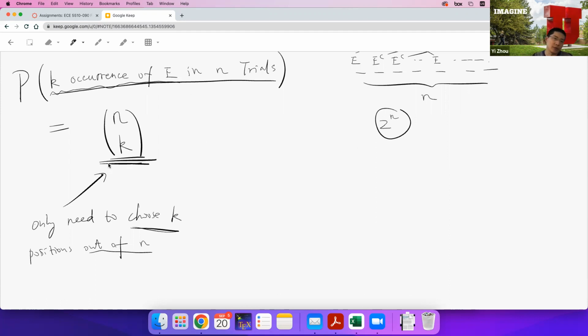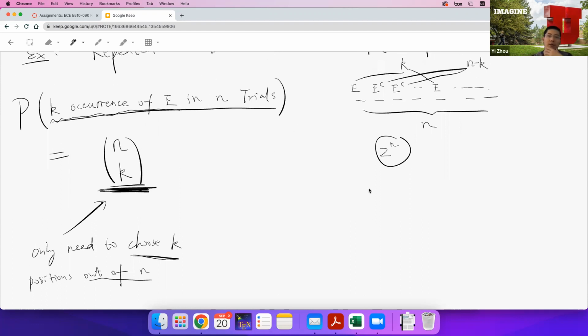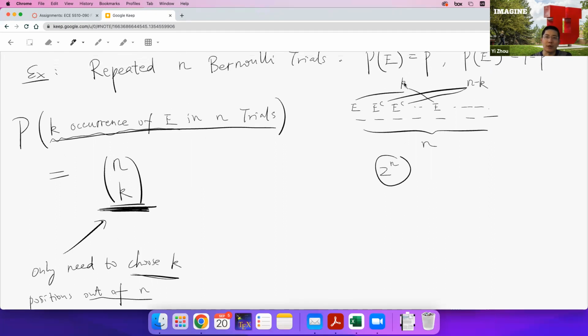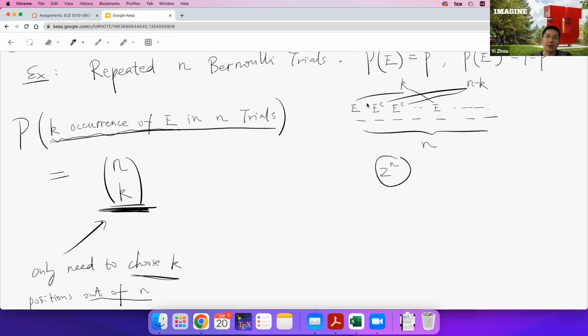Okay. So once you specify that, this is the number of different outcomes that has exactly K E's in it. Okay. So you have K positions have E in them, and N minus K positions have E complement. And because each trial is independent, you can calculate them independently.